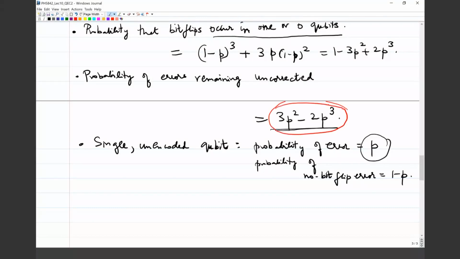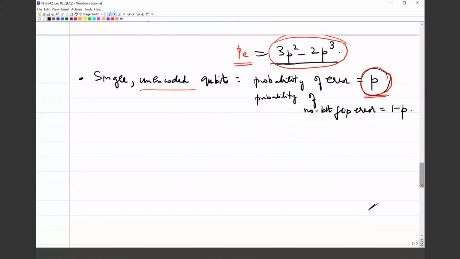Whereas if I had a single unencoded qubit subject to bit flip noise, then this is what the error probability would be. Both of these I can call the error probability, except that one is the encoded case and the other is the unencoded case, and we simply compare these two.